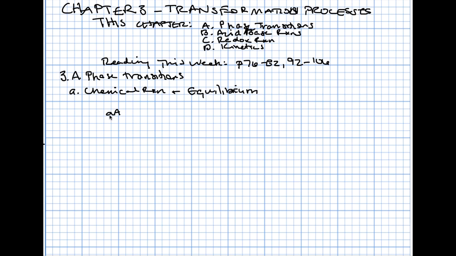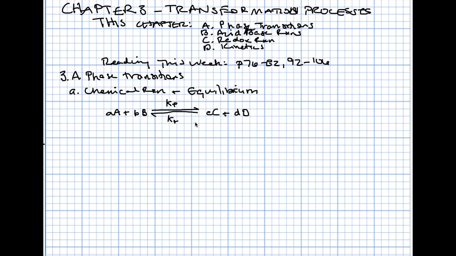So let's say we have a moles of reactant A reacting with b moles of reactant B, and that goes on to form c moles of reactant C and d moles of reactant D. So there is a forward reaction that can be represented by a forward reaction rate constant, and then all reactions, at least in theory, also can occur in the reverse direction, so that is represented by the reaction rate constant k sub r.